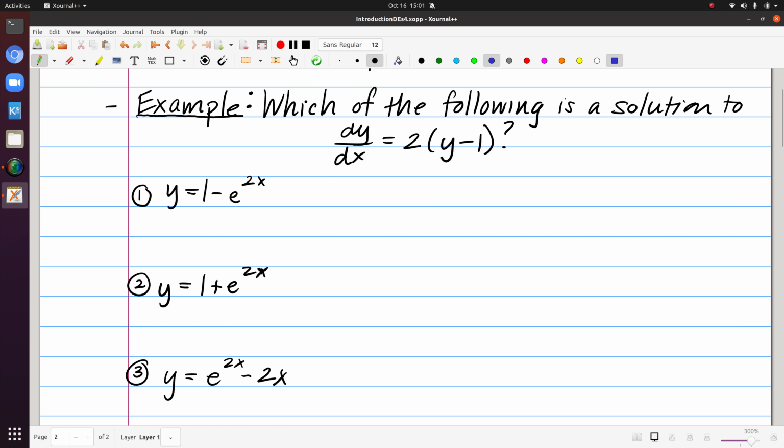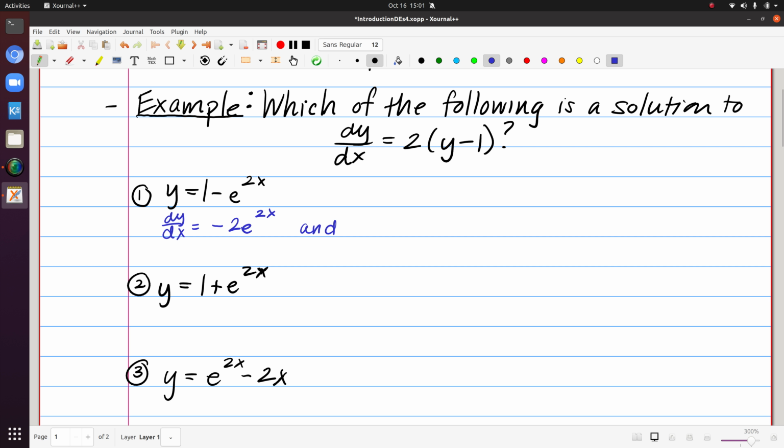The way that I check this is we want to see that when I take the derivative of the given function, is it equal to 2 times that function minus 1? So to start with, in this first example, dy/dx would be negative 2e^(2x).